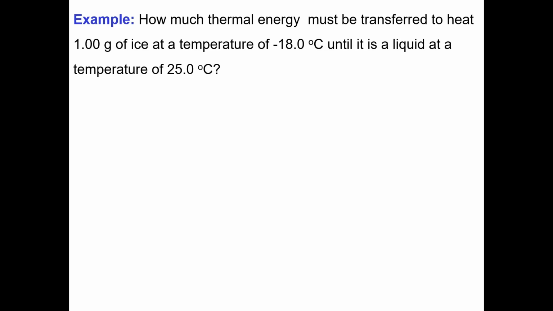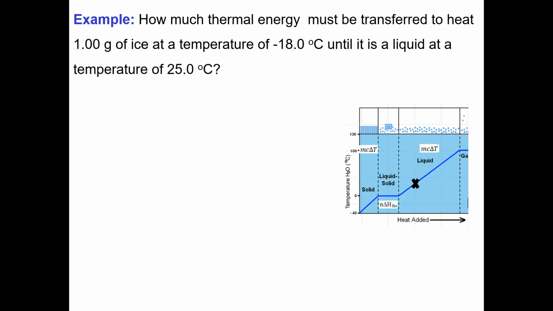So here's a classic example. It says how much thermal energy must be transferred to heat 1 gram of ice at a temperature of minus 18 degrees Celsius until it is a liquid at a temperature of 25 degrees Celsius. So what I always like to do is to sketch out a little heating and cooling curve and make sure I know what is going on.